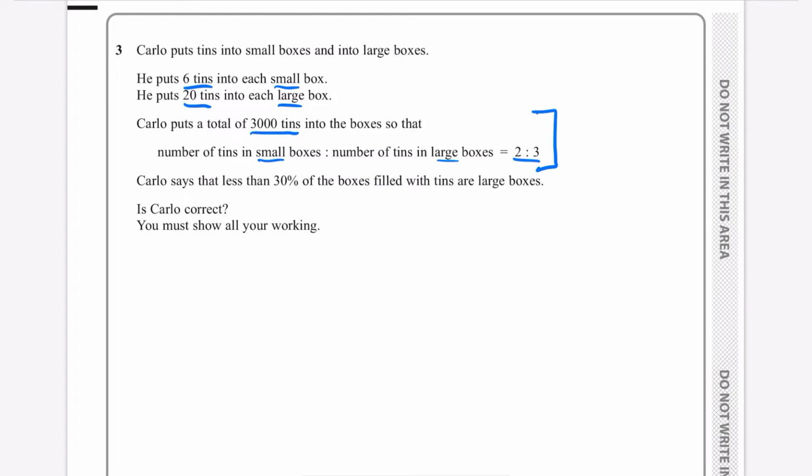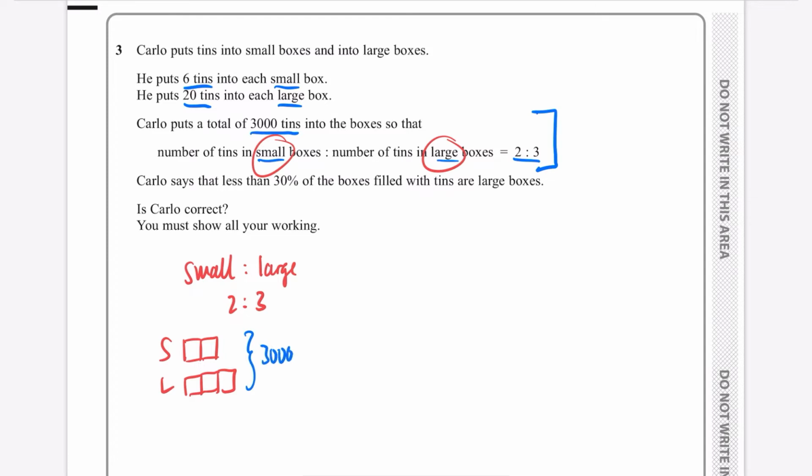So we've got 3,000 tins in total, so we want to know how many are small and how many are large. So small to large is 2 to 3, and we have 3,000 in total. Some people like to draw these diagrams, so we've got 2 to 3 for the small and large. Now we've got 3,000 in total, so we're going to divide it by 5 because there are 5 different parts.